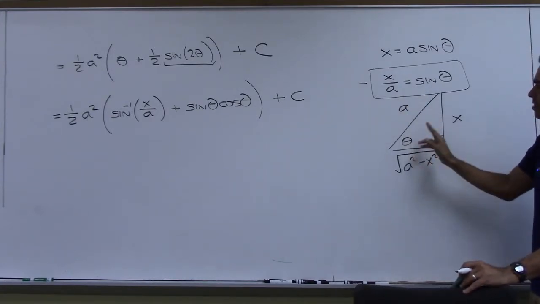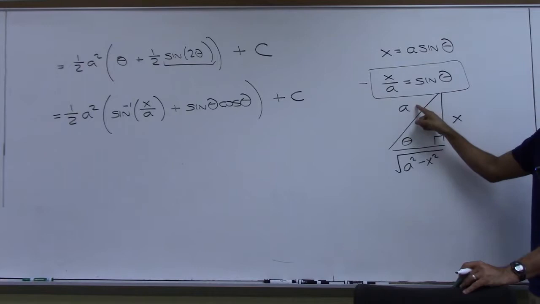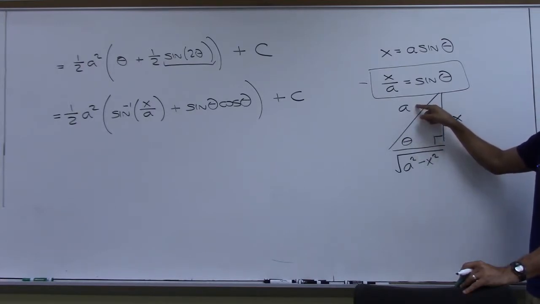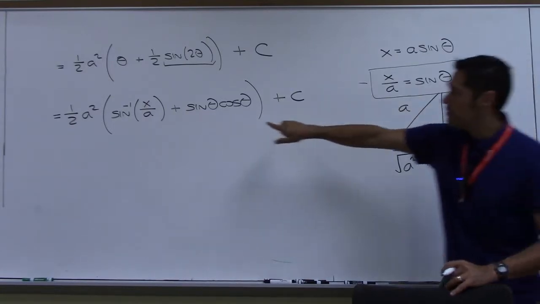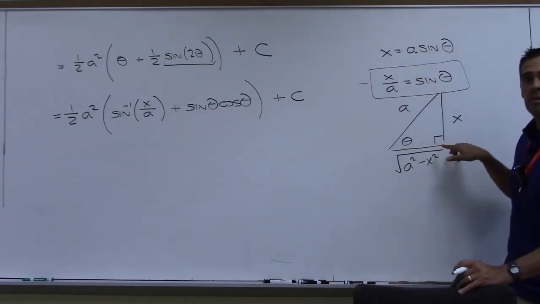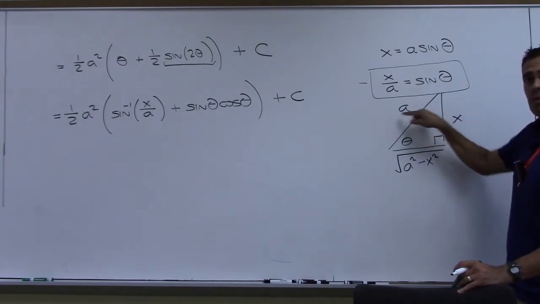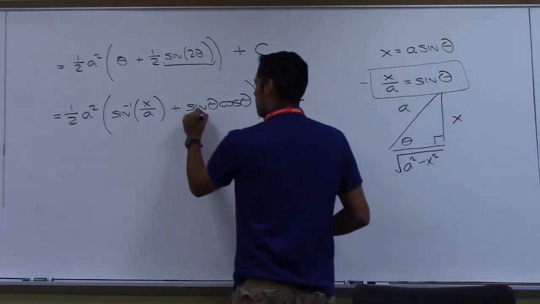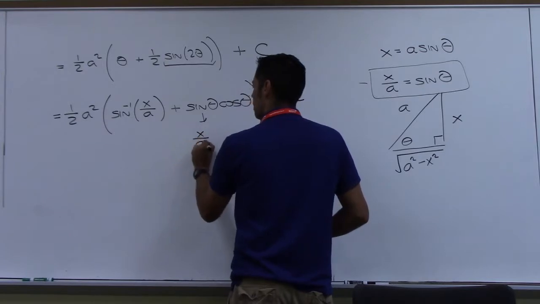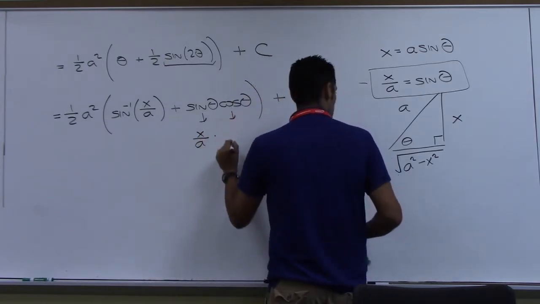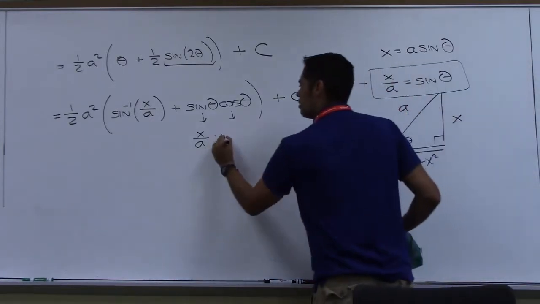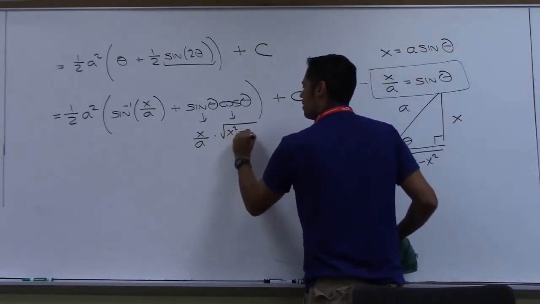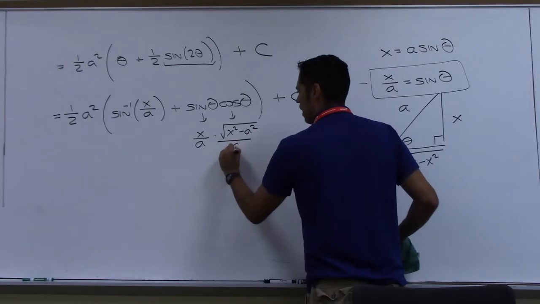If you look at this triangle, sine of this angle is this over this. Cosine is which side over which side? Adjacent over that. So you can get those two pieces of information from this triangle right here, right? X over a is your sine. So this is going to become x over a times the cosine. Ruben, you understand? Okay, this side over this side. So square root x squared minus a squared over a again.